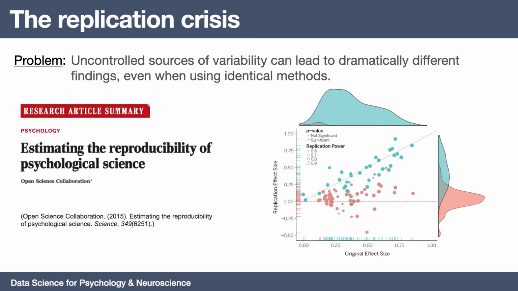For example, in this article by the Open Science Collaboration, authors tried to replicate a set of well-known psychological findings from a variety of areas in psychology, including social, developmental, cognitive. And they found that they could only replicate a small subset of findings from prior studies using the exact methods.